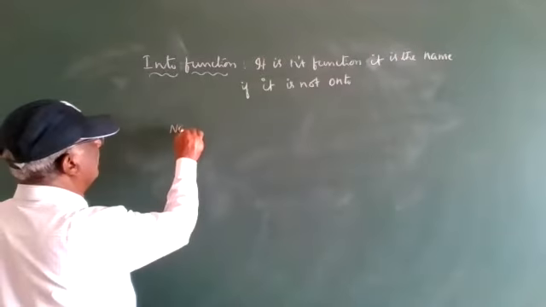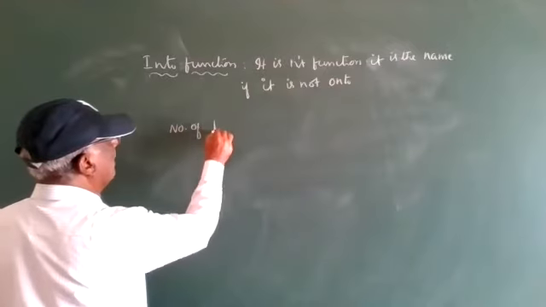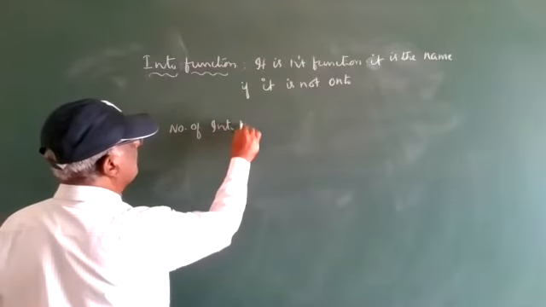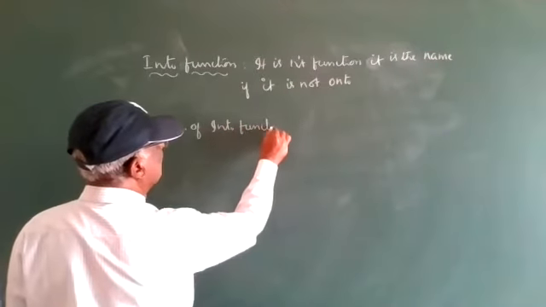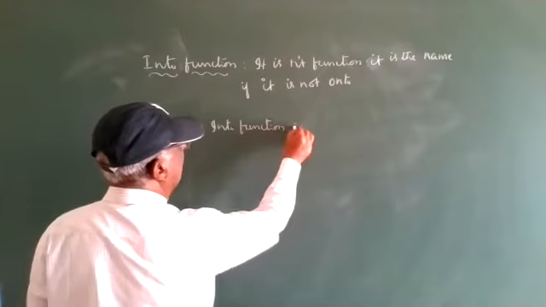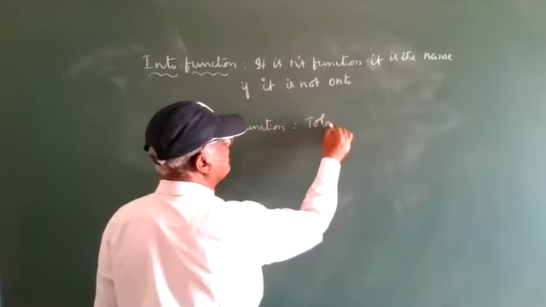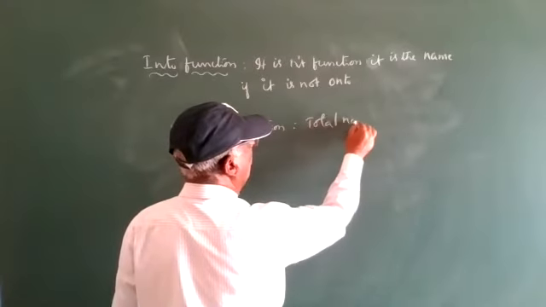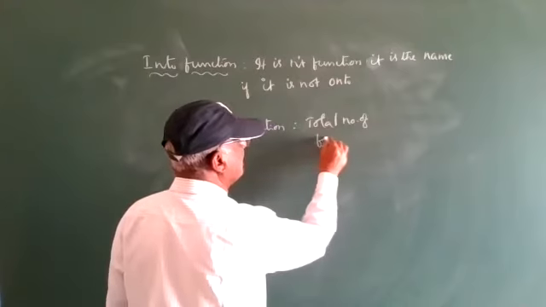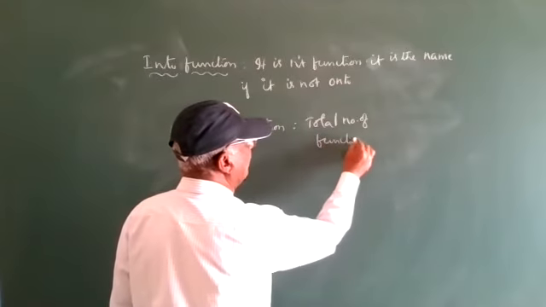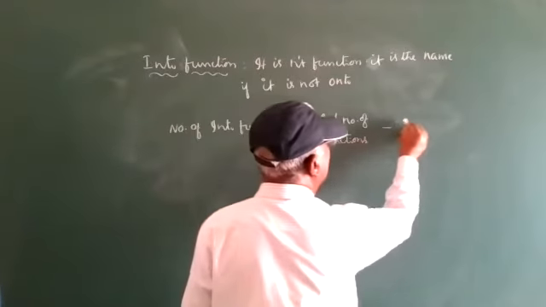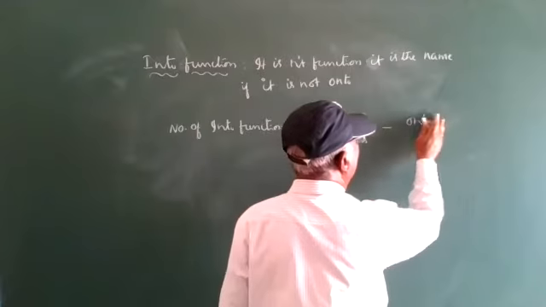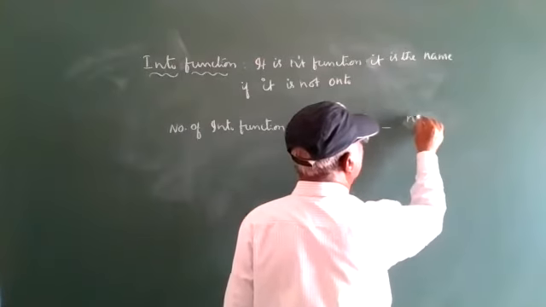Number of into functions is the total number of functions minus the number of onto functions.